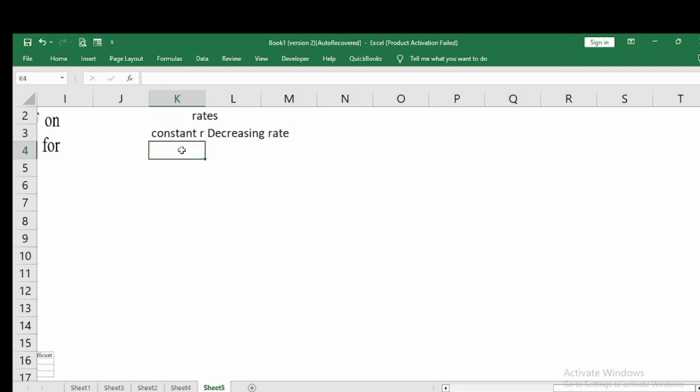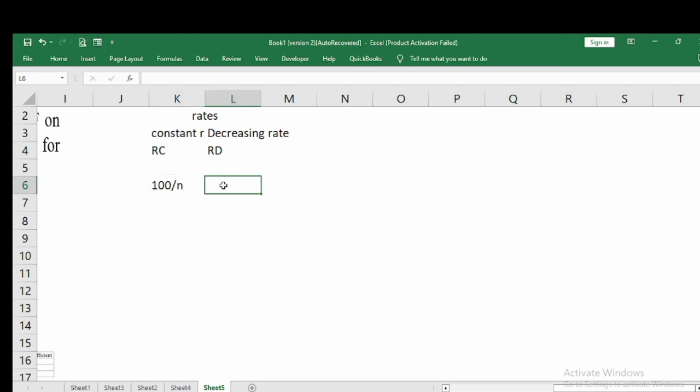The constant rate is mostly abbreviated as RC, and the decreasing rate is abbreviated as RD. So our constant rate is always gotten using the formula 100, except that the rate was given. If it is not given in the question, you are going to use 100 divided by n, which is the duration.